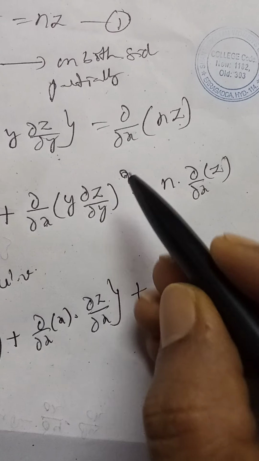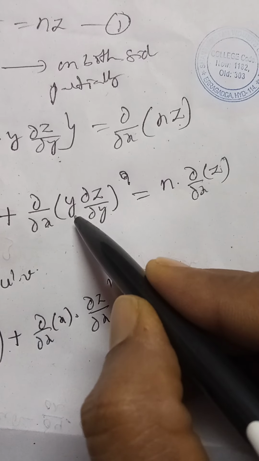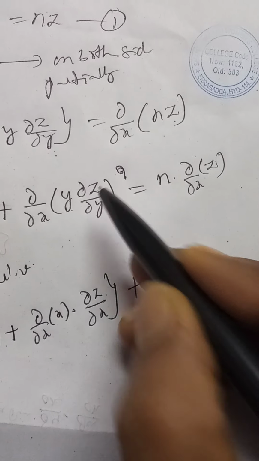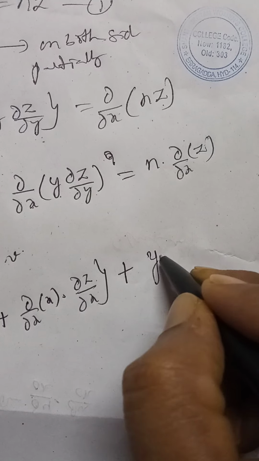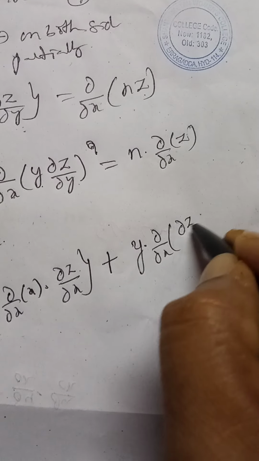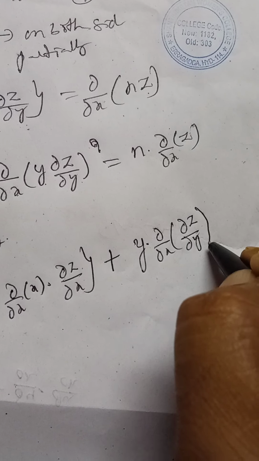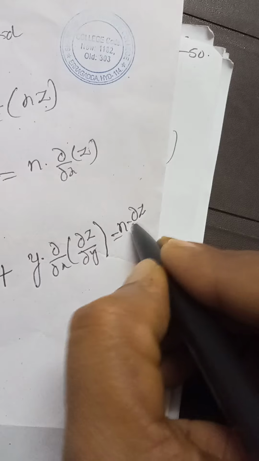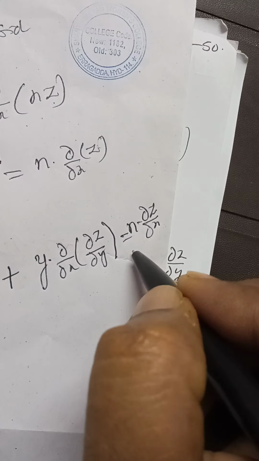Here y is a coefficient, where z is a function of x and y. That's why I am taking it outside the differentiation symbol. ∂/∂x of ∂z/∂y is equal to n into, this can be written as ∂z/∂x only.